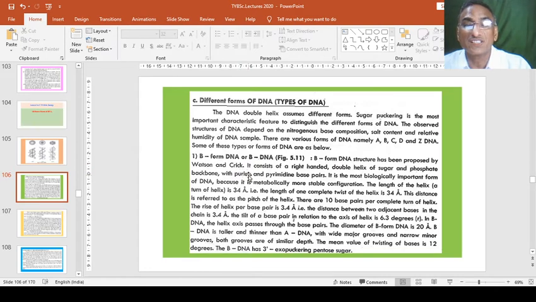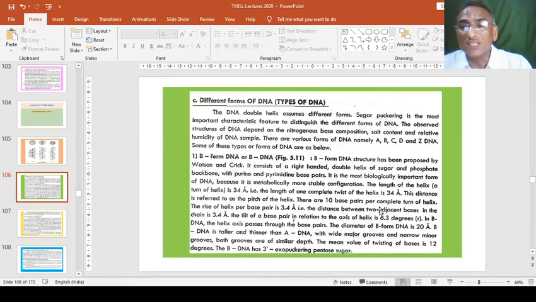Regarding this structure, they gave details about the standard form of the DNA double helix structure, and it consists of a right-handed double helix of sugar and phosphate backbone with purine and pyrimidine base pairs. It is the most biologically important form of DNA because it is a metabolically more stable configuration.